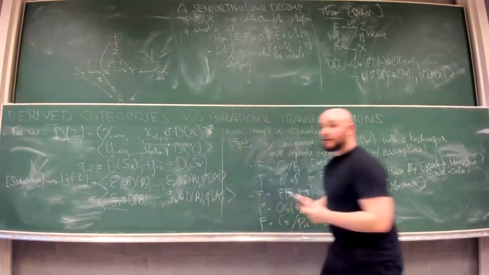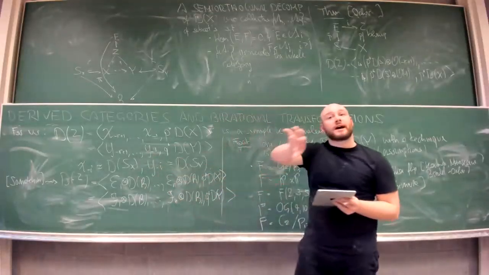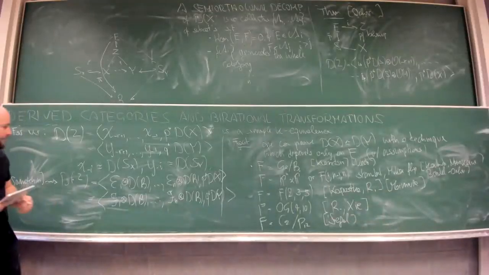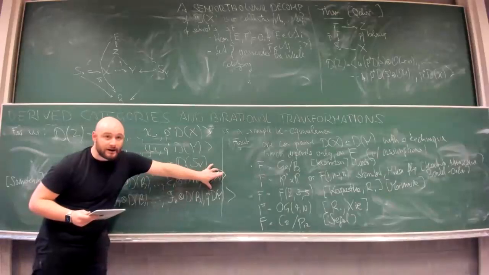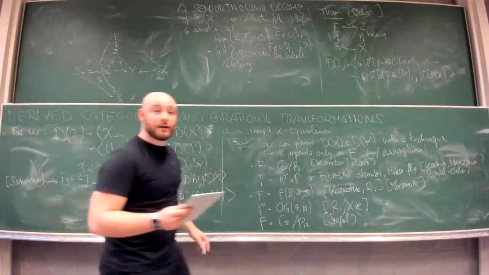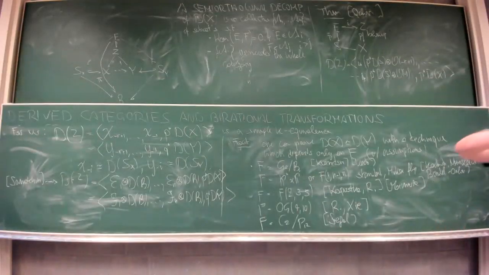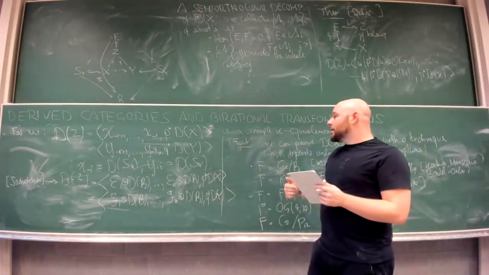So now, two things. First of all, if we didn't have D of B anywhere, but we just had a sequence of objects, then we could try to transform one of those sequences into the other one, keeping this category here or transforming it to an equivalent one. This technique is called mutations of exceptional objects. Basically, you exchange the order and you change one of them into a different one, which keeps the set generating for the category.